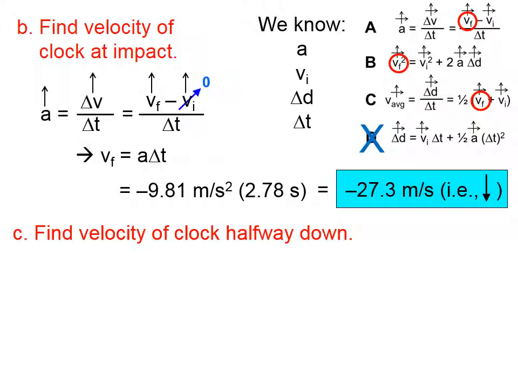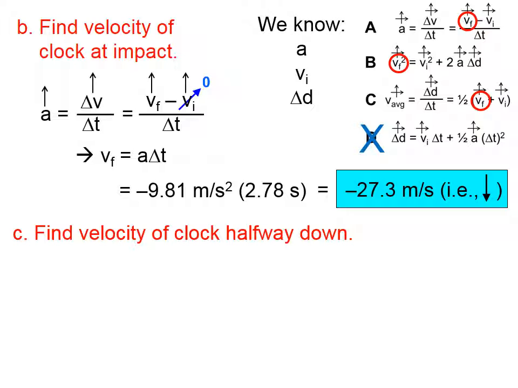Now let's find the velocity of the clock when it's halfway down. Again, we're essentially looking for a final velocity, because final is whenever we say final is. In this case, we'll say final is halfway down. So again, equation D would be a poor choice. Now what do we know about the clock halfway down?